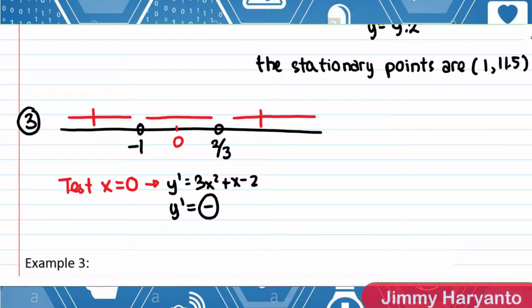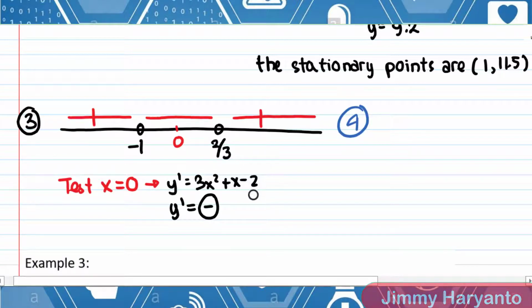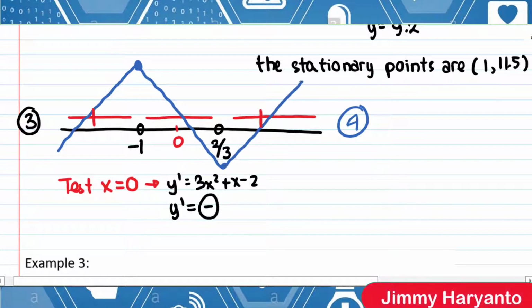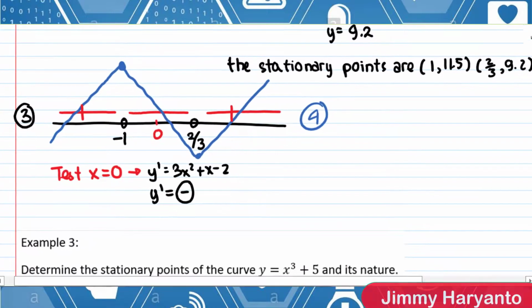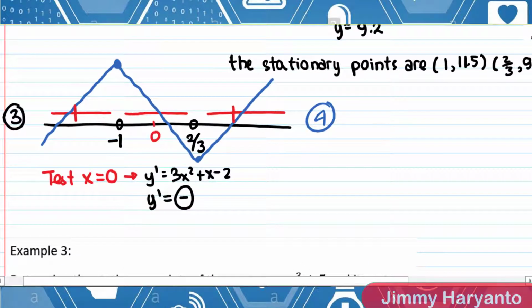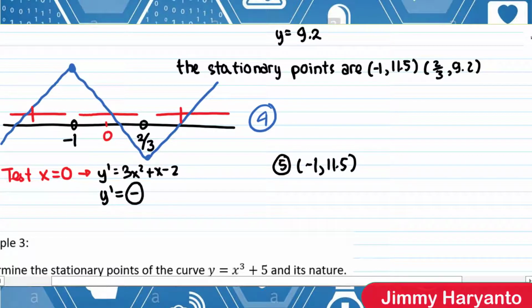Now we have to sketch a little bit for the shape of the curve. For the first one, it's increasing, since it's positive. Then for this one it is decreasing. After this, it will be increasing again. As you can see, the point (-1, 11.5) is above the curve, so it will be a local maxima.